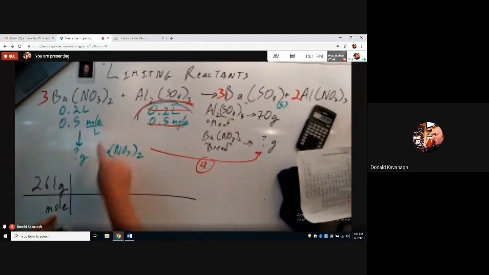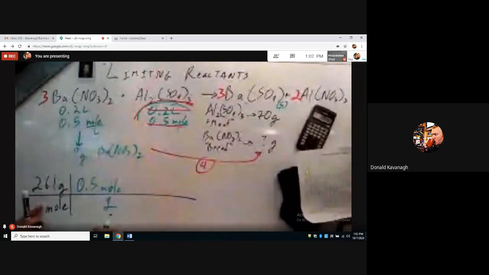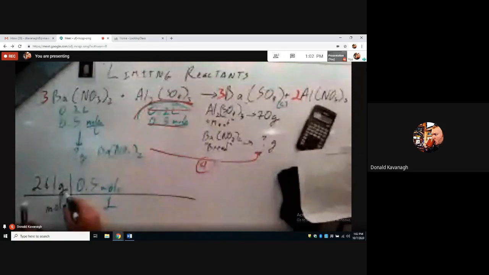I want to make moles cancel. 0.5 moles per liter. Note how the scaffold is guiding me to what to use. I want my answer in grams, so I'm going to protect this unit, but this unit I want to cancel out.